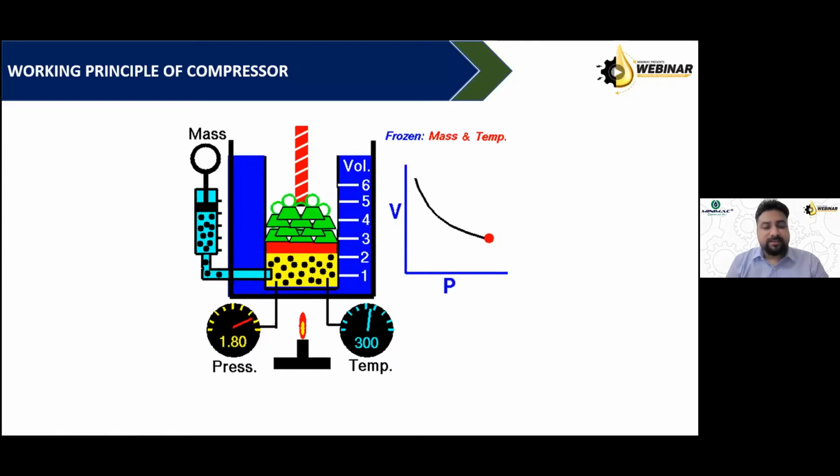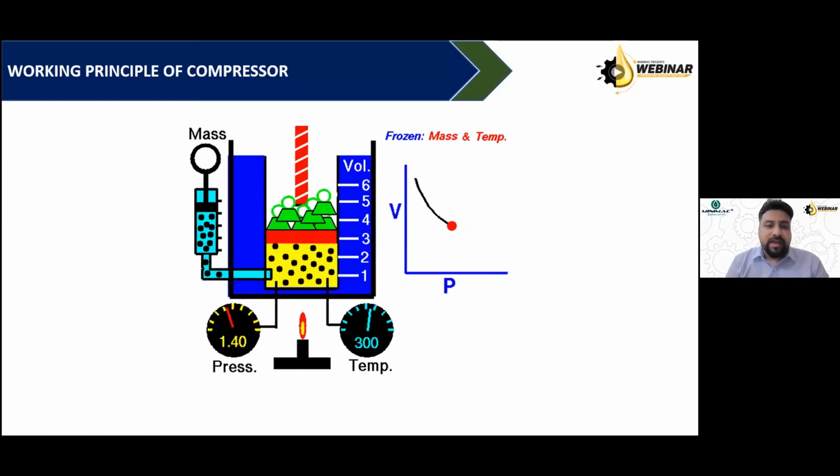So this is a depiction of one of the laws, that is the Boyle's law, where the mass and temperature have been kept constant, and we are trying to analyze how the volume will change when the pressure increases. So we can see in the graph, the volume reduces while the pressure increases. So this is a study which was done under special test conditions.